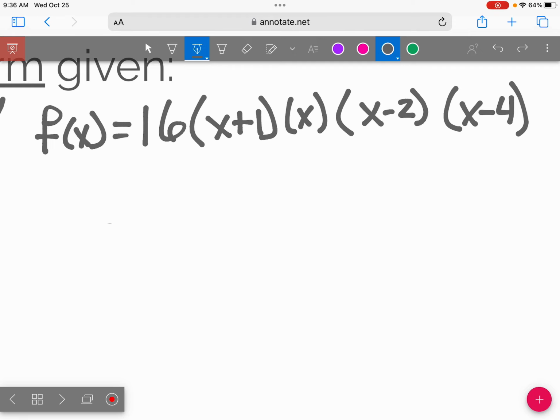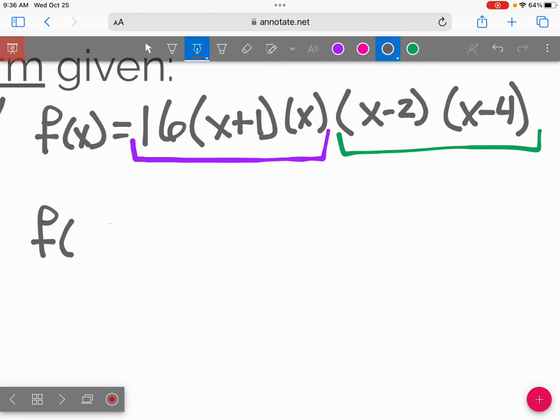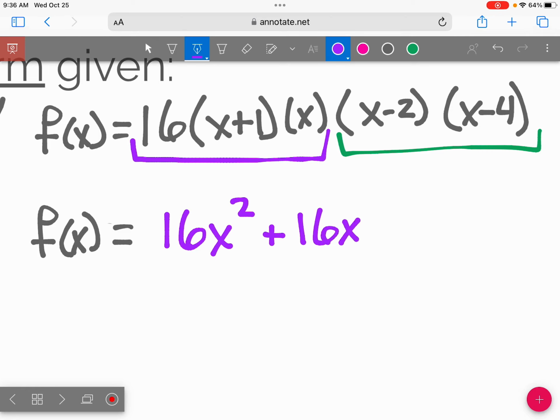And so we're going to multiply this out. I'm going to take these two pieces it wants to multiply out. So my function rule in this in-between stage is going to be 16x squared plus 16x for the purple piece.